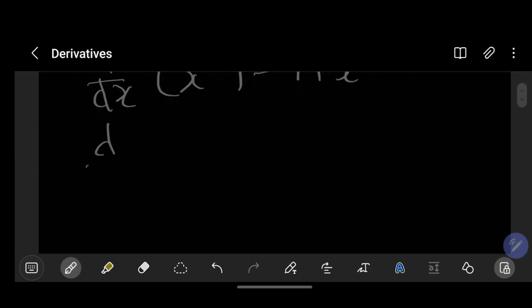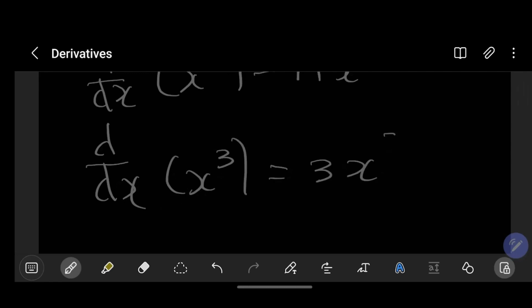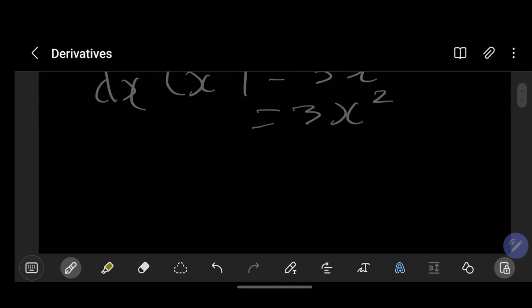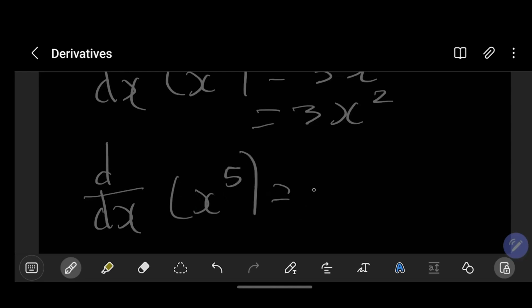So if we have d/dx of x raised to the 3, that's equal to 3x to the 3 minus 1, which is equal to 3x squared. Simple. If we have d by dx of x raised to the 5th, that's equal to 5x to the 5 minus 1, so n minus 1, which is just 5x raised to the 4th power.